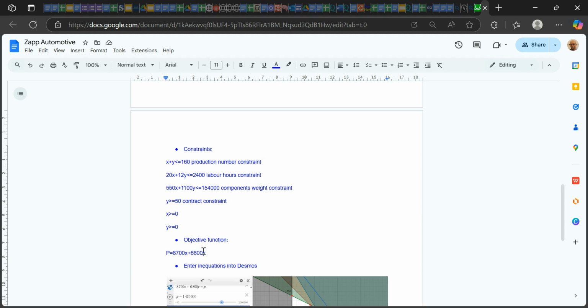What do I need to change 6,800 into to have a gradient of negative 1? No, 8,700 stays the same. Yes? This one I need to change into something which will give me negative 1.